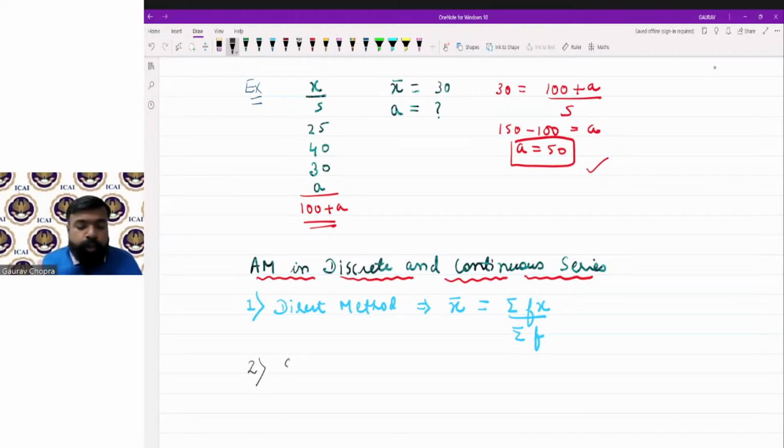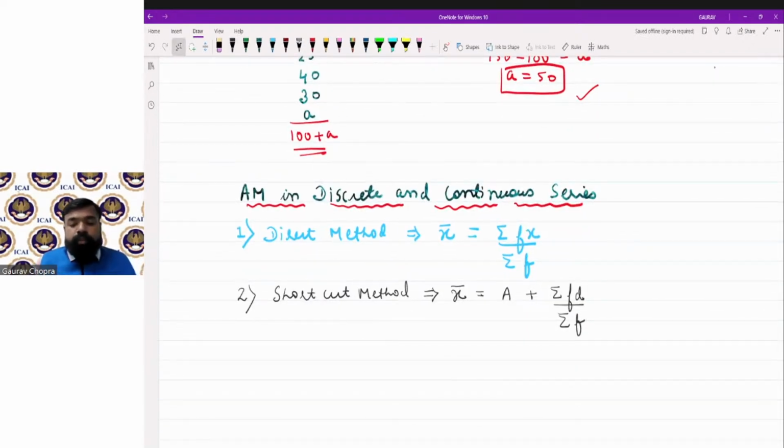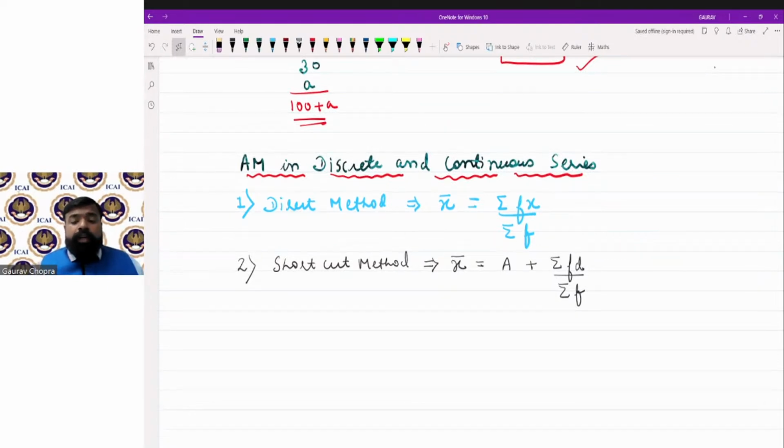This is the first method. And then the second method is shortcut method. Now, shortcut method is x bar equal to a plus sigma f into d upon sigma f. This is the shortcut method. So both of these formulas are applicable for discrete as well as continuous series.